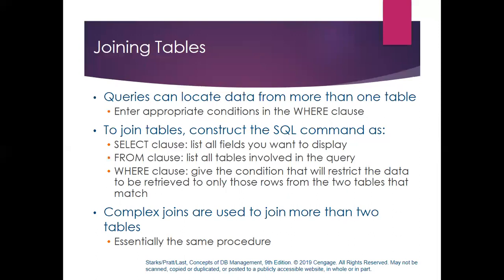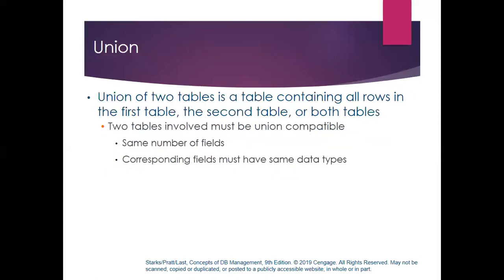In the where clause, give the condition that will restrict the data to be retrieved to only those rows from the two tables that match. When joining involves more than two tables, this is known as a complex join, and the procedure is essentially the same as that of joining two tables. Please see pages 110 to 114 of the textbook for additional information.